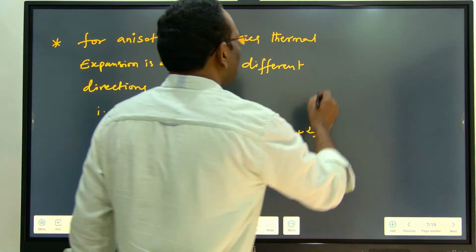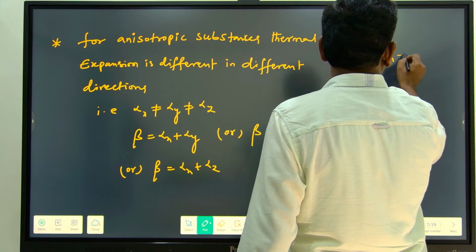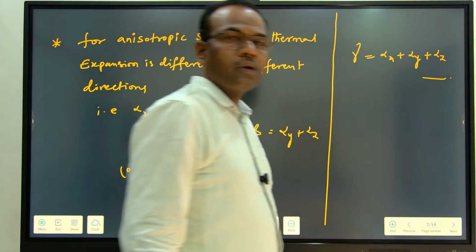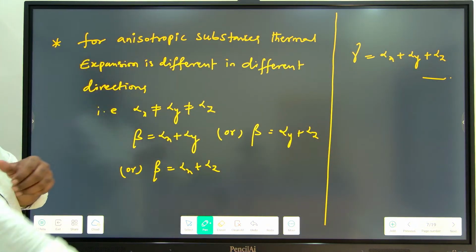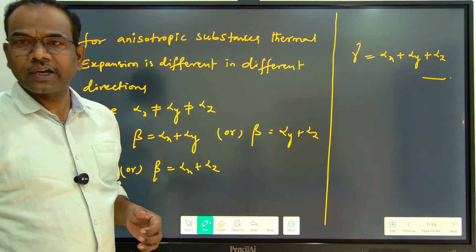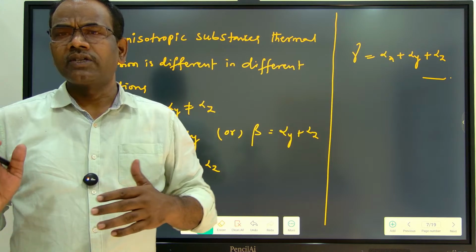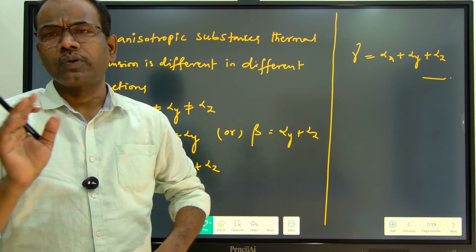Otherwise use the gamma value, so gamma equal to alpha x plus alpha y plus alpha z. That is how we explain thermal expansion in anisotropic substances. Is it clear? So only the ratio alpha : beta : gamma equal to 1 : 2 : 3 is for isotropic substances only.